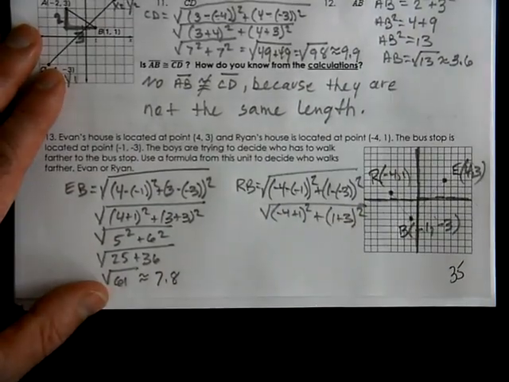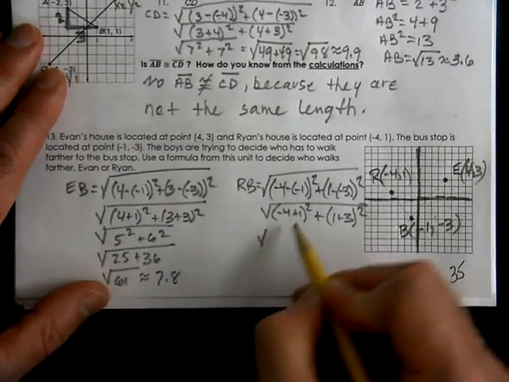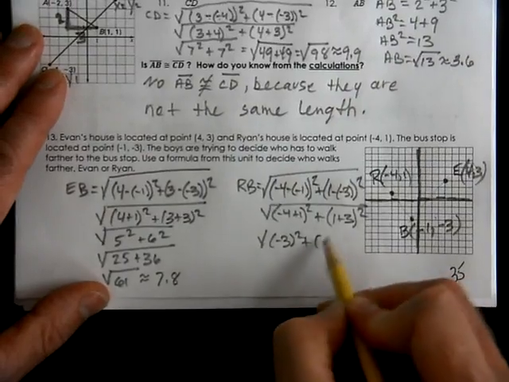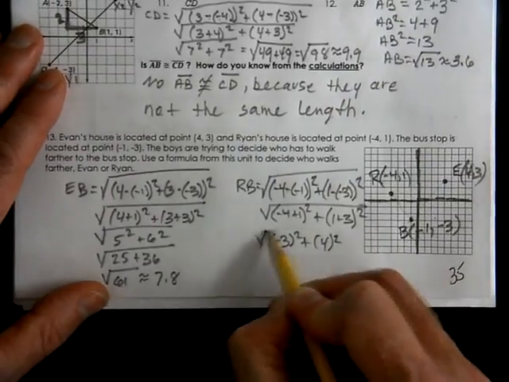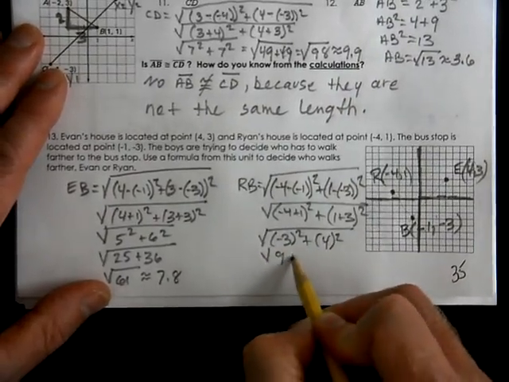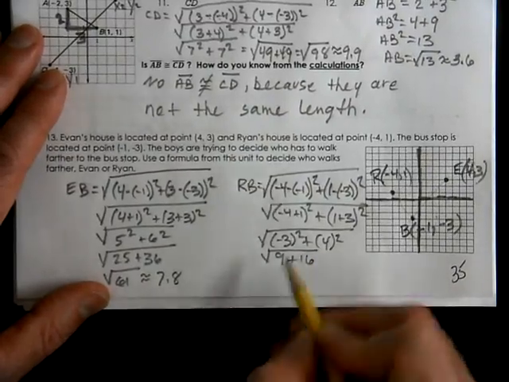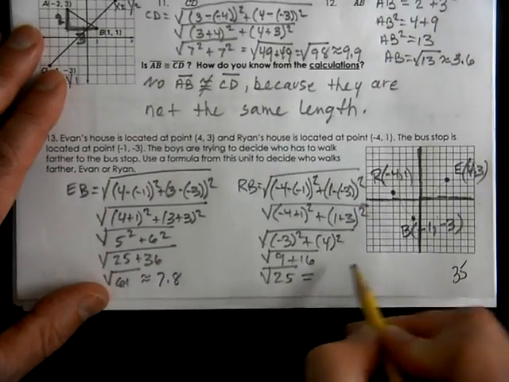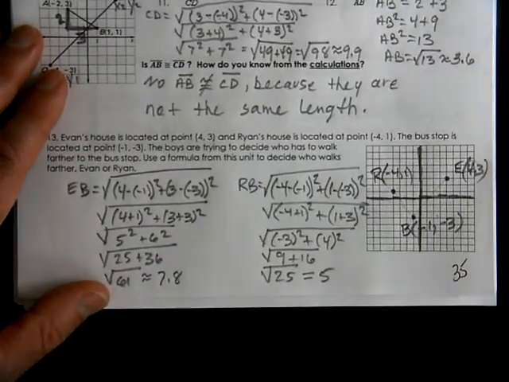Notice I use my square root all the way through the problem. So this becomes -3 squared. This becomes 4 squared, which is 9 and 16, which of course is 25, which can simplify to be exactly 5.